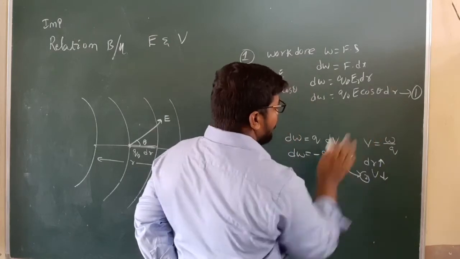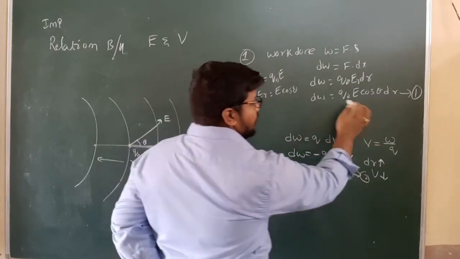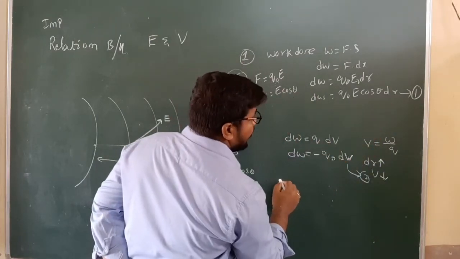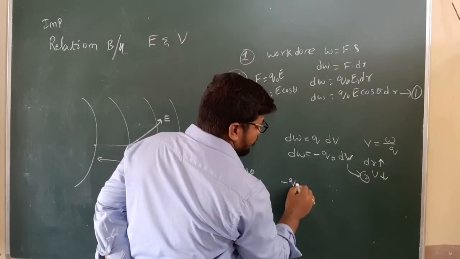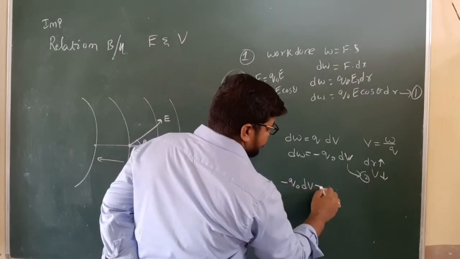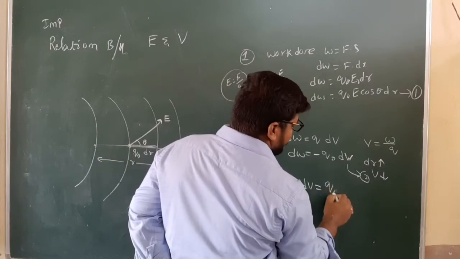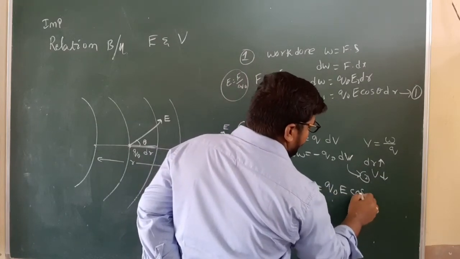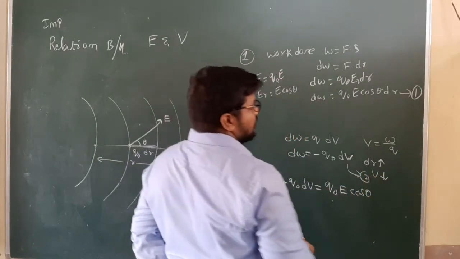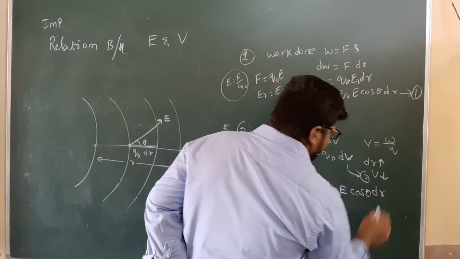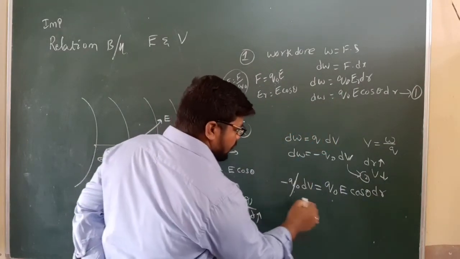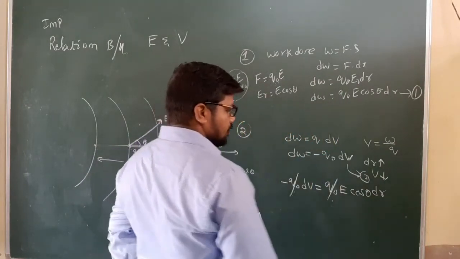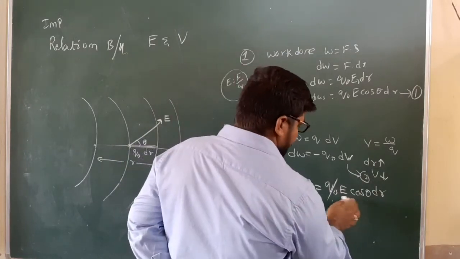From equations 1 and 2, we get minus Q0 dV is equal to Q0 E cos theta dr. Q0 gets cancelled.